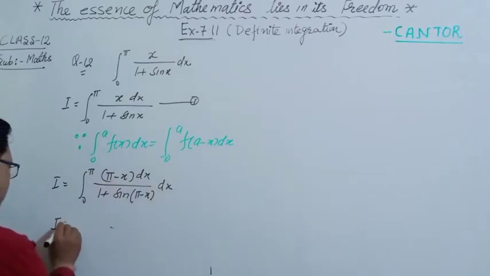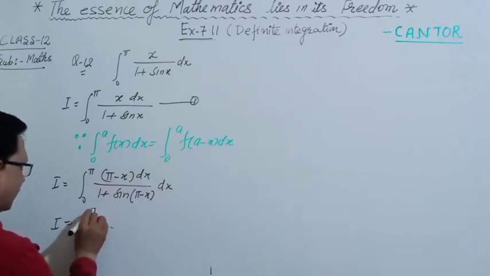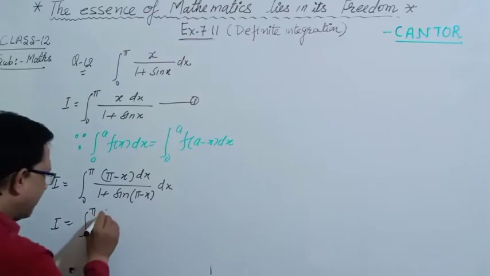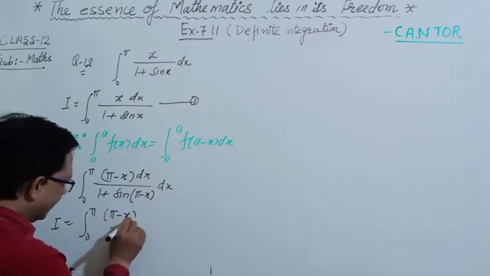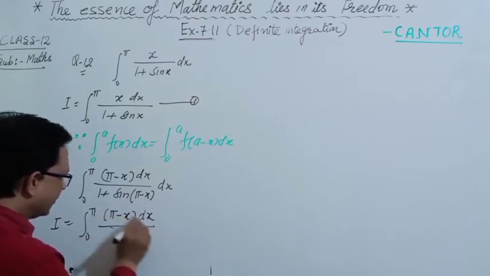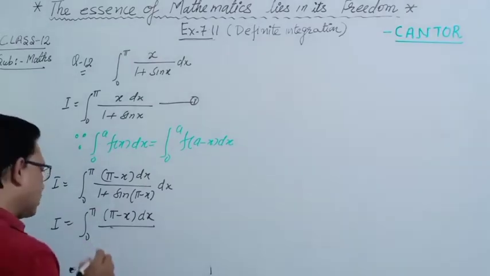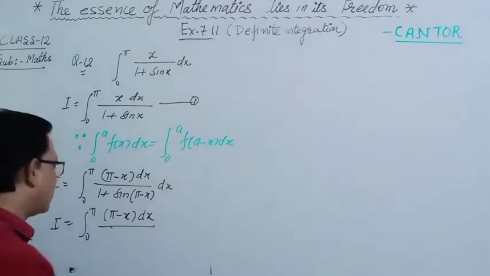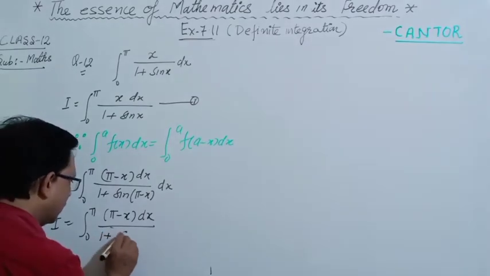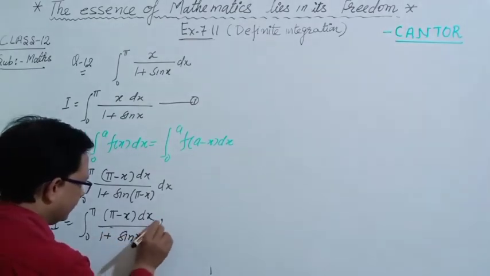So I is equal to 0 to pi, (pi minus x) dx, and sine (180 minus theta) is sine theta. There is no change in sine, and also sine does not change in the second quadrant. So this is sine x.